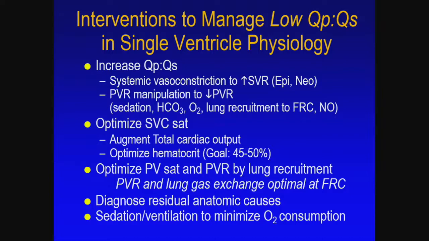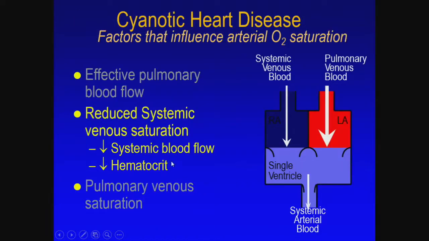So increased QP can be achieved by increasing SVR or by lung recruitment, and the rest remains the same, optimize SVC sat, all of those things. Reduce systemic venous saturation. As I said, the systemic venous saturation essentially is the saturation in the SVC. So the body has taken up as much oxygen as it wants before it comes back to the heart.